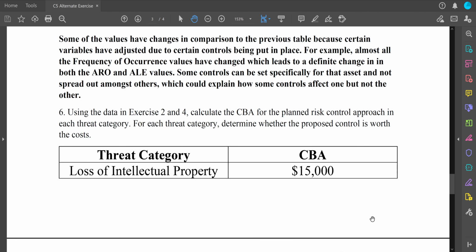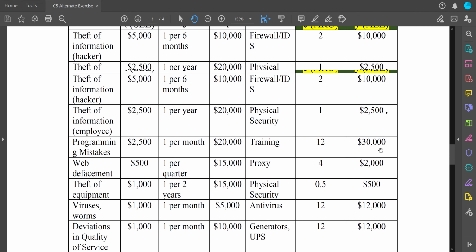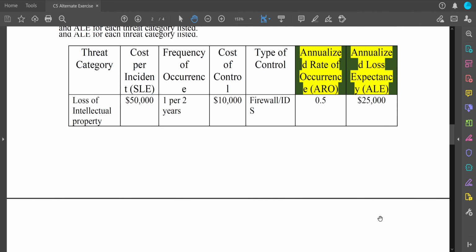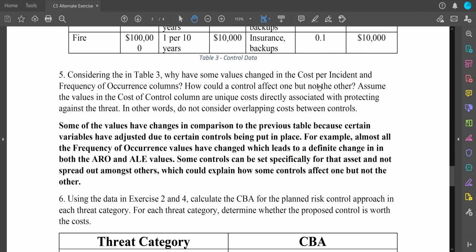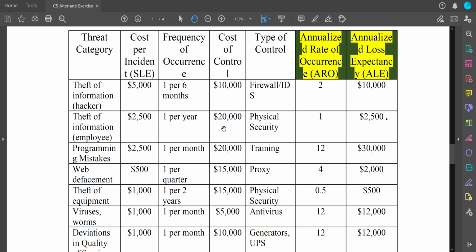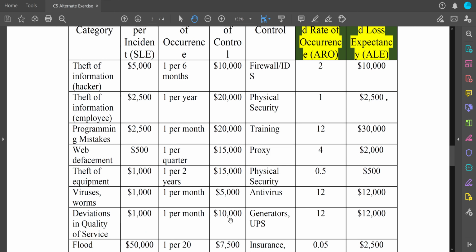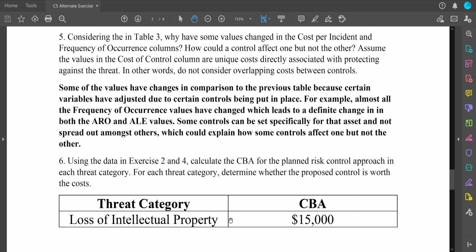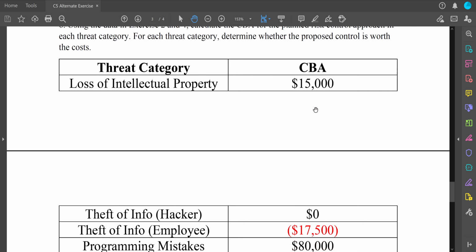Minus the ALE after the assessment, so post-assessment ALE, which is the values we found in question 4, right? Minus the cost of controls, which is these numbers here that I told you guys to keep in mind. So after doing that, I didn't write it out completely. I already found the CBA.